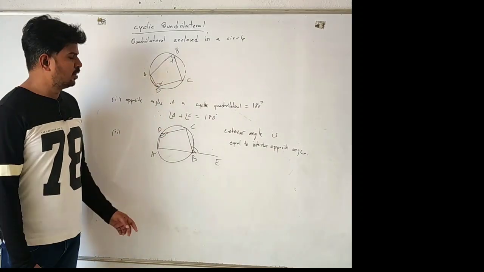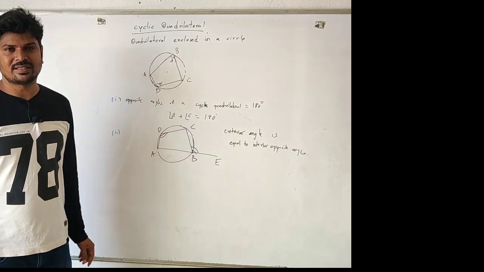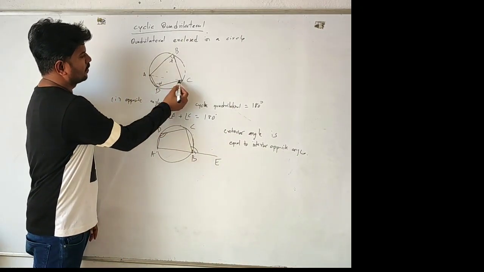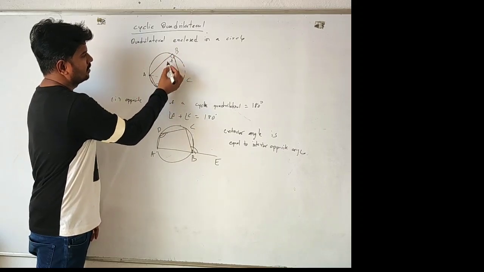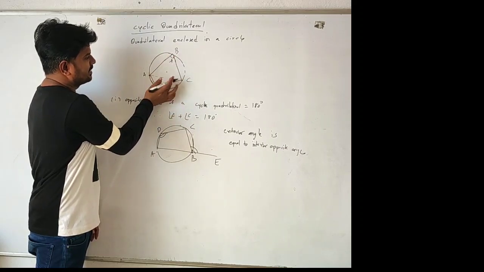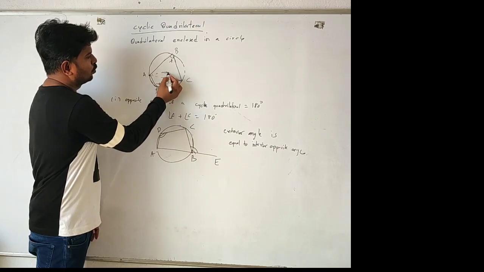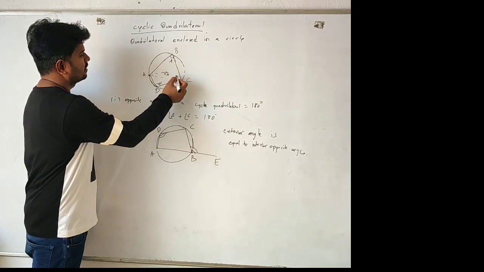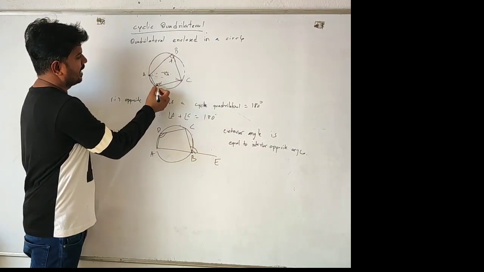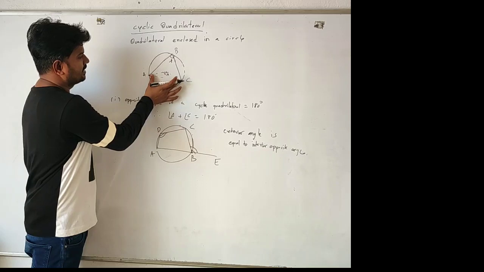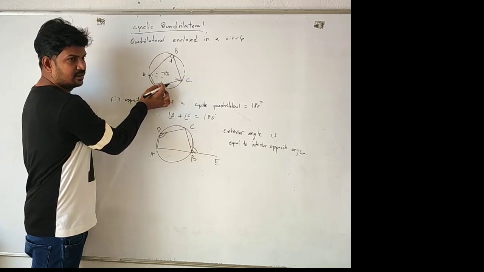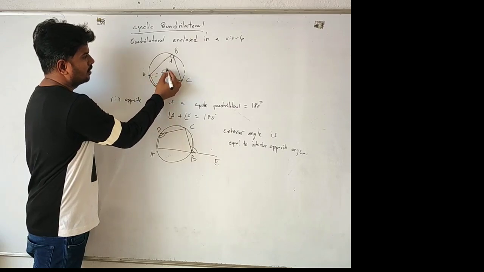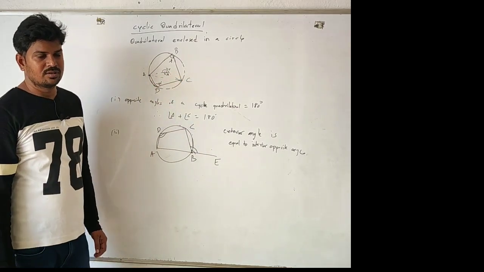Why? As you know from when I discussed circumradius, if the AC curve is making an angle beta here, the same AC line will make an angle of 2 beta at the origin. Similarly, take this ADC curve. If AC is making alpha here, the same AC will make 2 alpha at the origin.